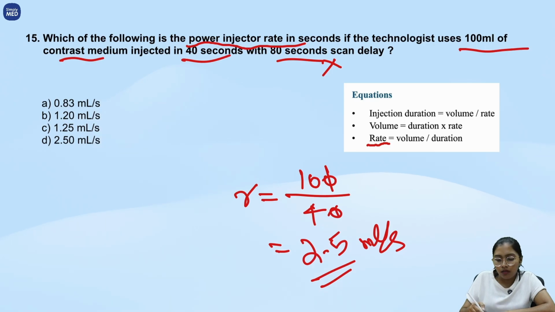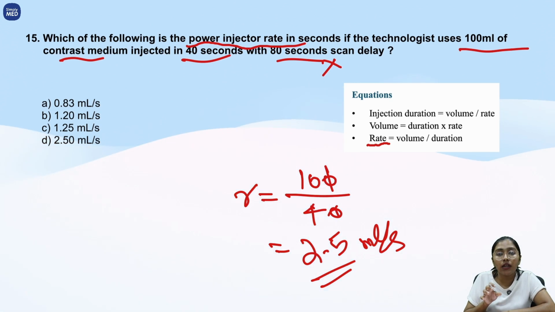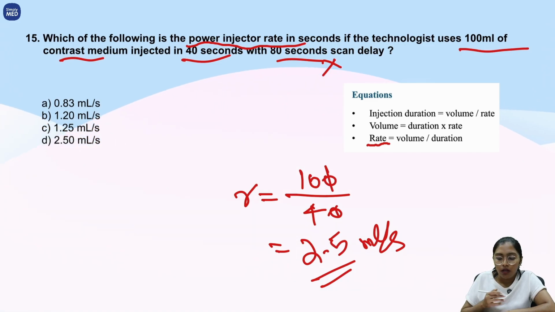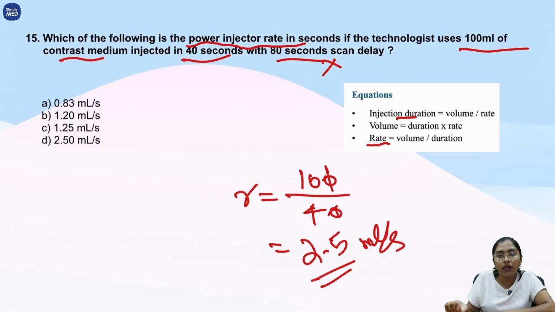So this is how we find out the flow rate. The equation is flow rate equals volume by duration. Sometimes in the question the flow rate and the volume will be given, and we have to find out the time duration taken to inject the contrast. We can just rewrite the equation: duration is equal to volume by rate.